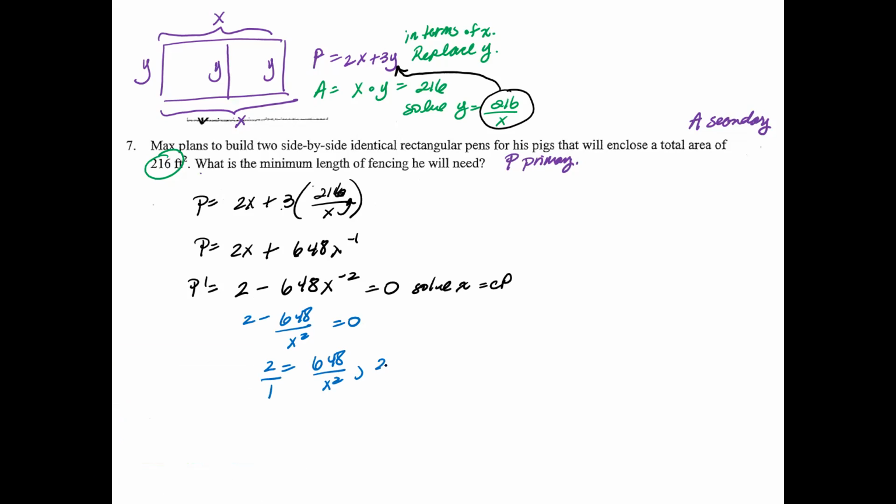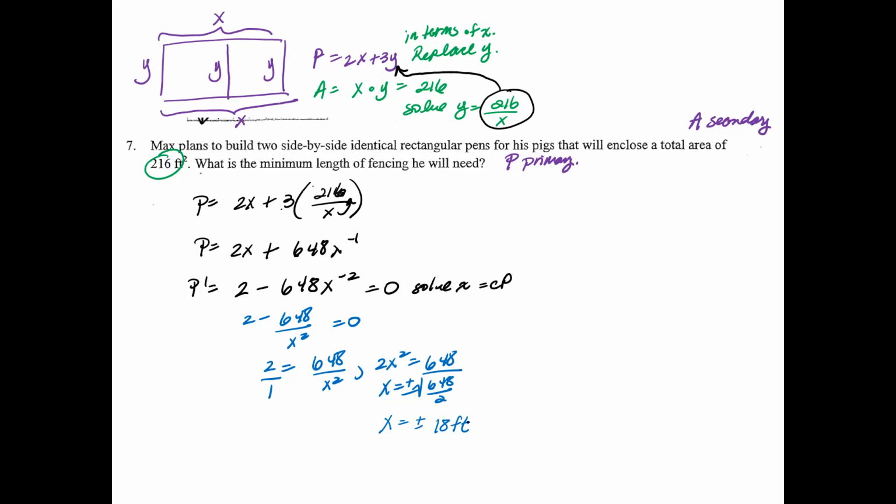Cross multiply that, you get 2x squared equals 648. Divided by 2, then square root it. You're going to get a plus or minus the square root of 648 divided by 2, which is going to result in x equals plus or minus 18 feet.